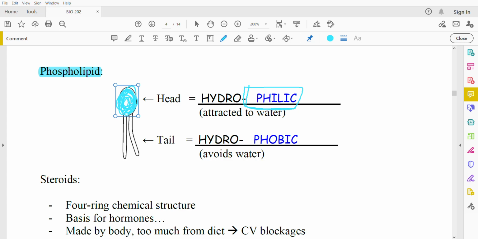It has an affinity to water, whereas the tail parts are hydrophobic. So what do you do if you have a phobia? You try to stay away from the source of that phobia, so you avoid the source of that phobia. So tails try to stay away from the water.